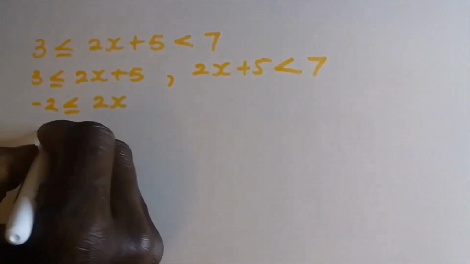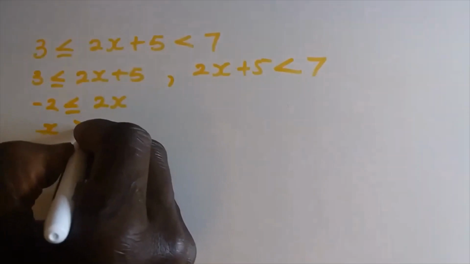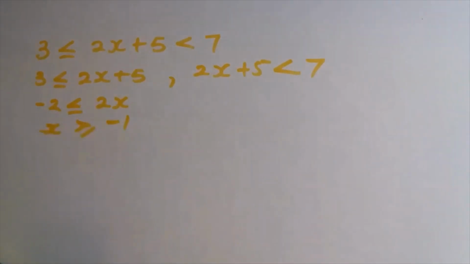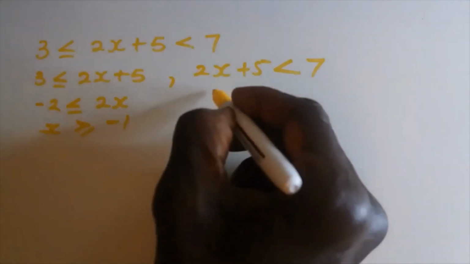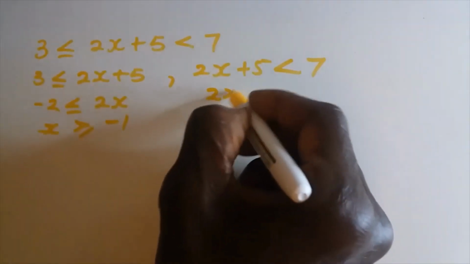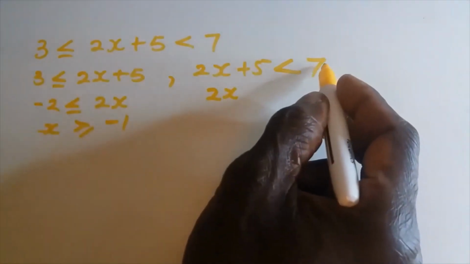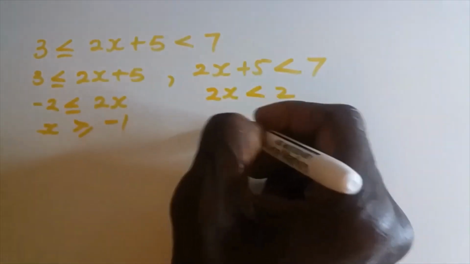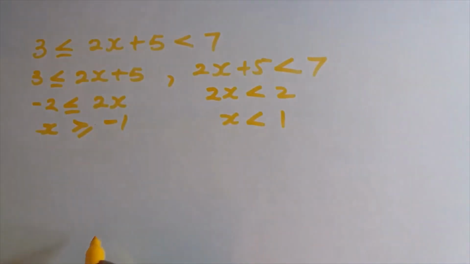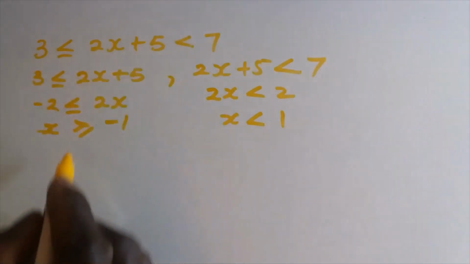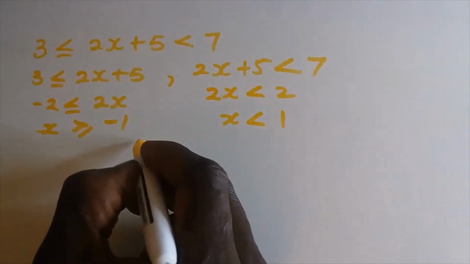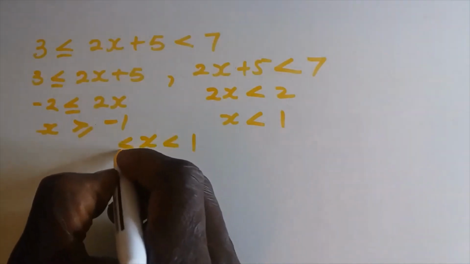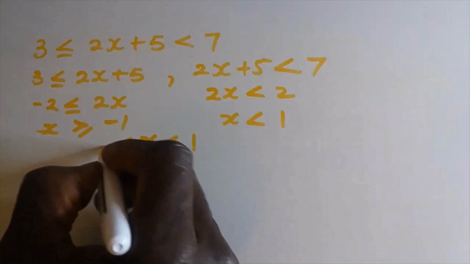So we have that x is greater than or equal to negative 1. And on this side we have 2x, we have 7 take away 5, which gives us 2. So you have x is less than 1. So this inequality has been reduced to x less than 1, x greater than or equal to negative 1.